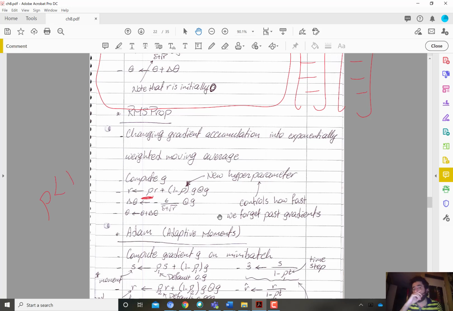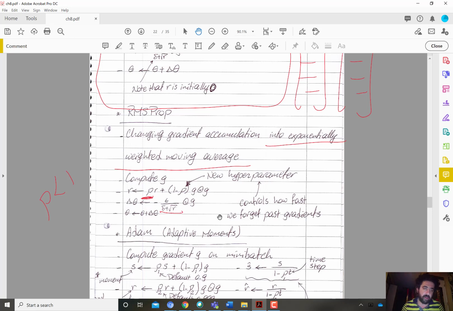So you have rho times R plus 1 minus rho times the gradient, the multiplication of the partial derivatives element-wise, the same as adaptive gradient. And what happens here is that instead of an accumulation of past gradients, we have an exponentially weighted moving average of past gradients. And this is the R that we use in the update step.